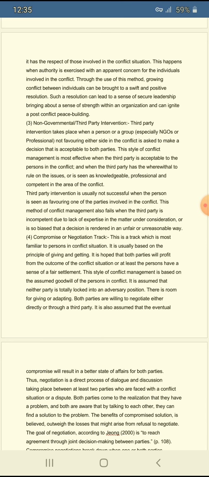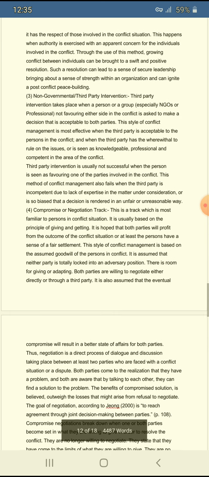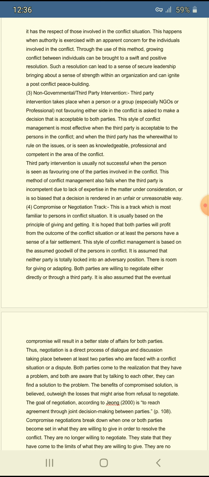This style of conflict management is most effective when the third party is acceptable to the persons in the conflict, and when the third party has the wherewithal to rule on the issue or is seen as knowledgeable, professional, and competent in the area at hand. And one other very important factor is that they must see that the third party is not biased in any way.